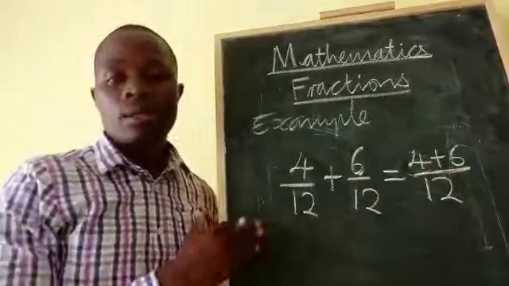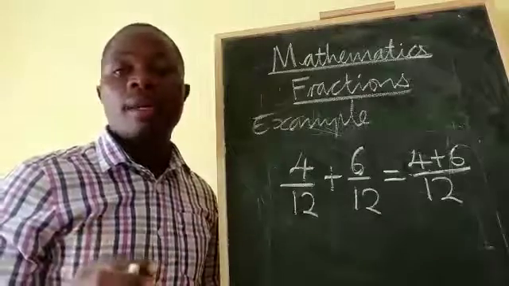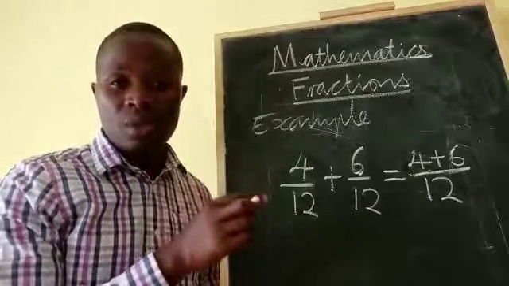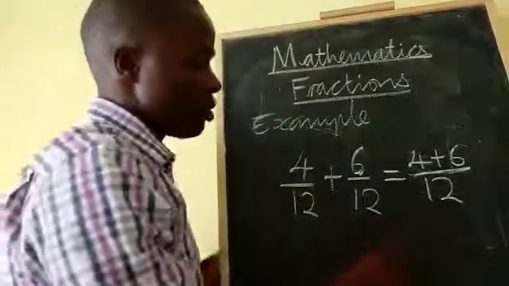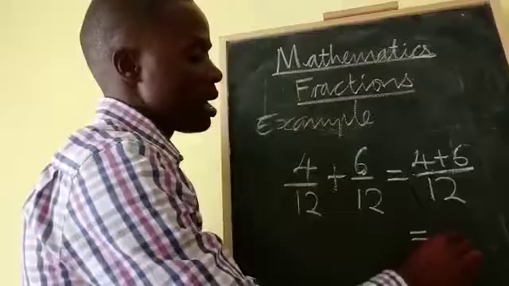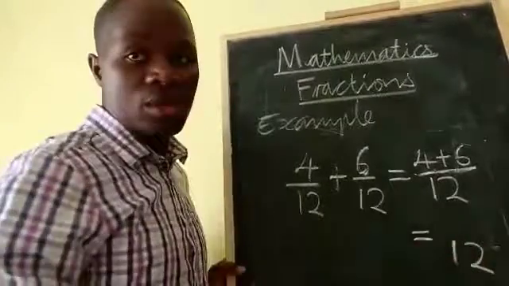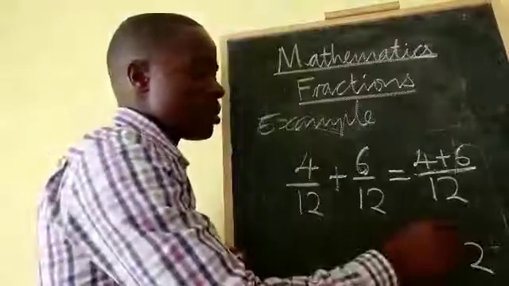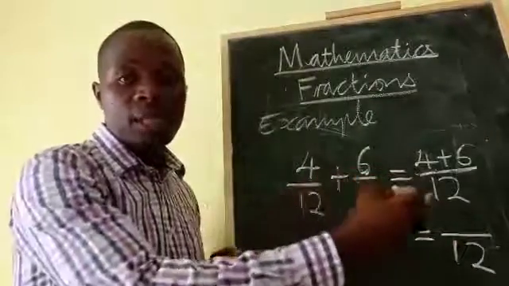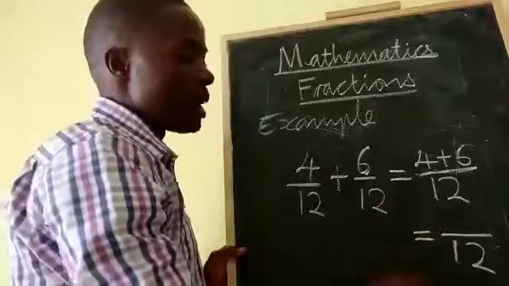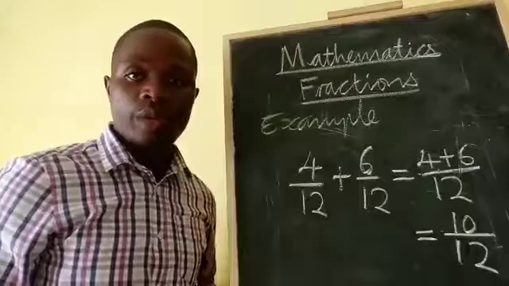Now looking at this question here, 12 is your denominator, and then you're adding the numbers on top there. Since 12 is your denominator, you keep bringing it down. Then you put the equal sign like that. Then you say 4 plus 6. This will give you what? 10. So here you have 10/12.